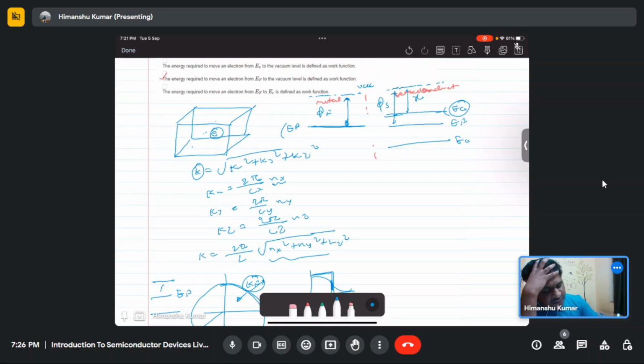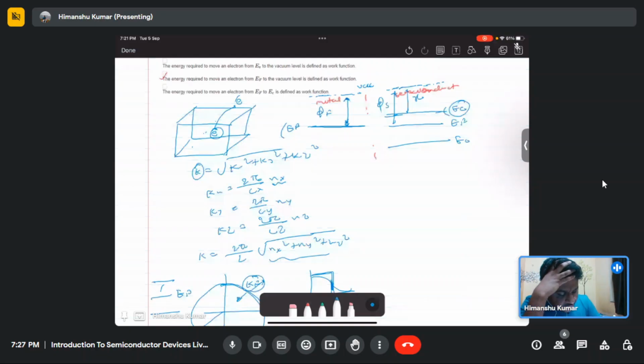Vacuum level is where the energy is zero just outside the conductor. We say the ejected electron has zero energy after it is ejected out. Okay. So that is known as the electron affinity.